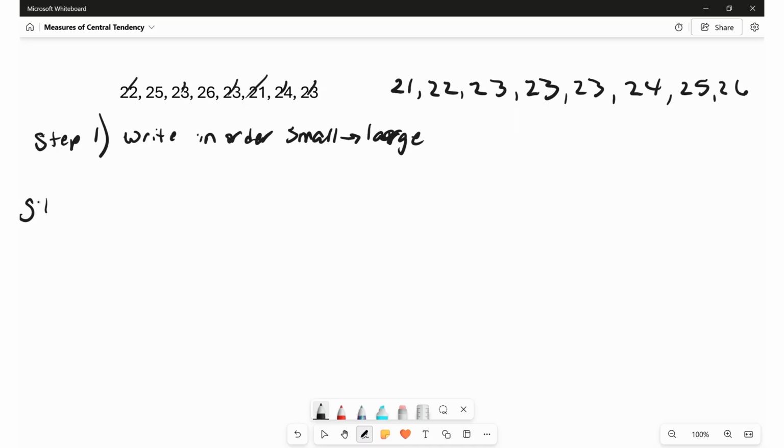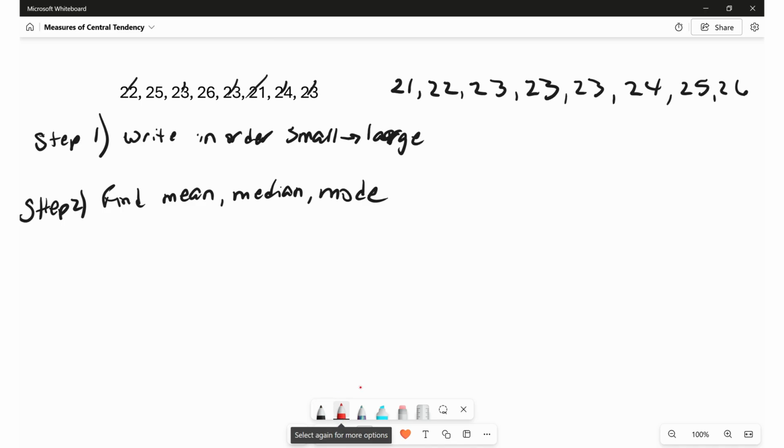Okay, so now step 2 is to find the mean, median, and mode. Well, again, median's pretty easy.